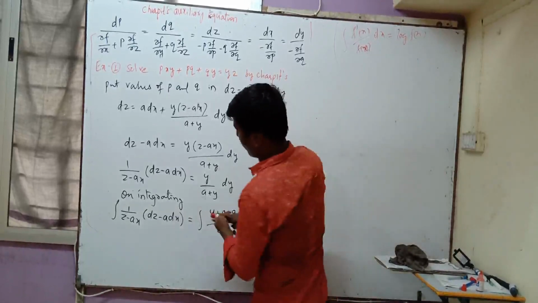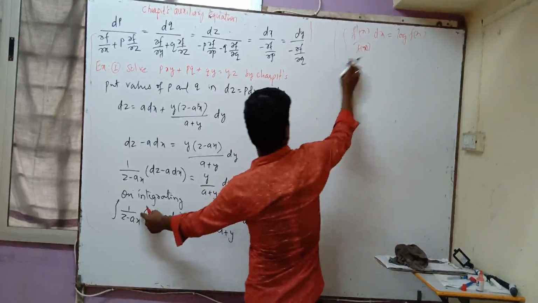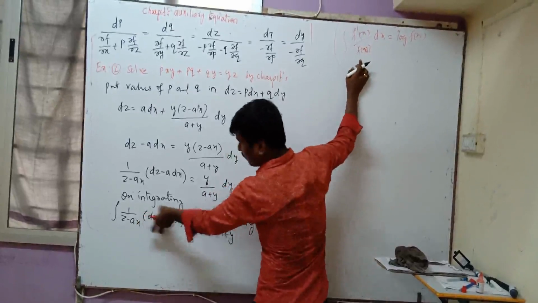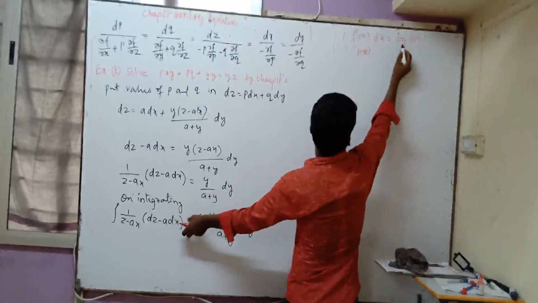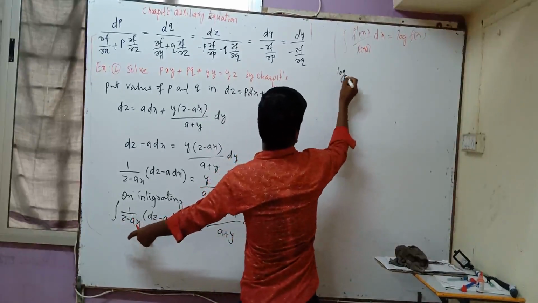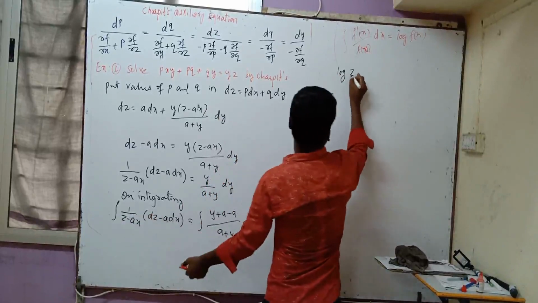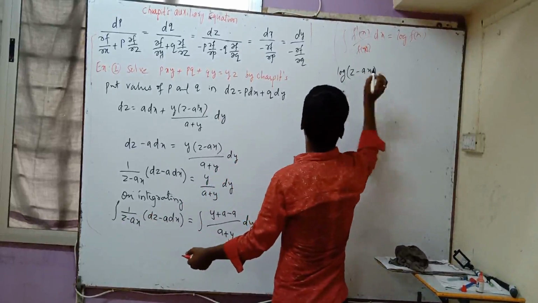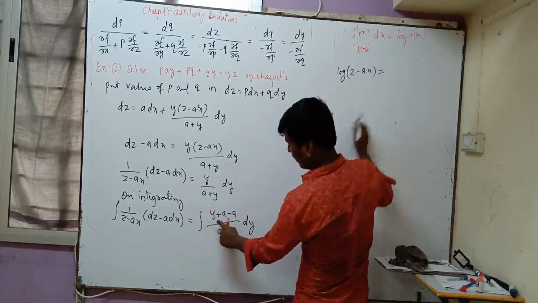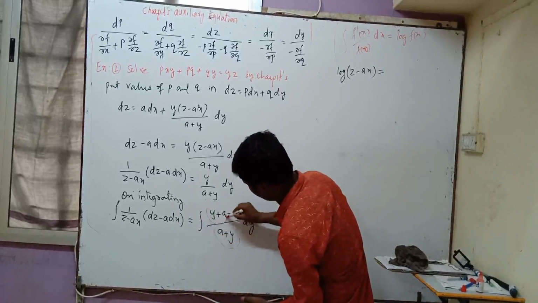So applying this formula of integration here, it is of the form integration of 1 by f of x into f dash of x, its derivative is here. So that's why I write log of f of x. So integration of this is log of z minus ax, which is equal to, here y plus a, a plus y or y plus a get cancelled.